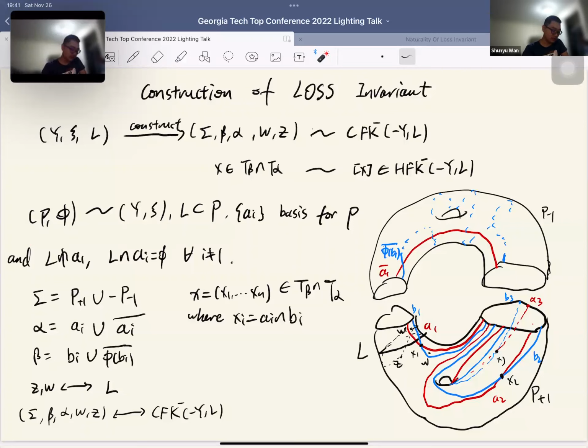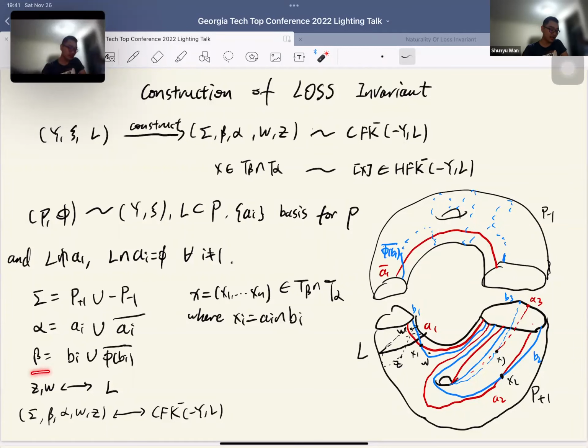Next, we set our surface Sigma equal to P_1 union minus P_minus 1, and alpha_i equal to a_i union a_i bar, where a_i bar is the identity map on the P minus 1 side.